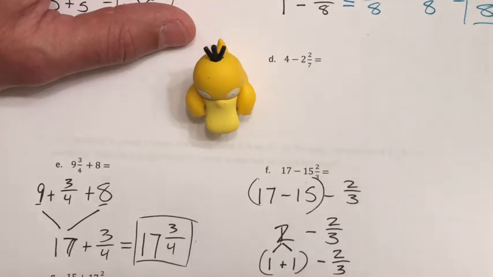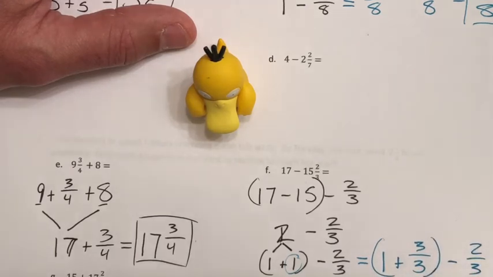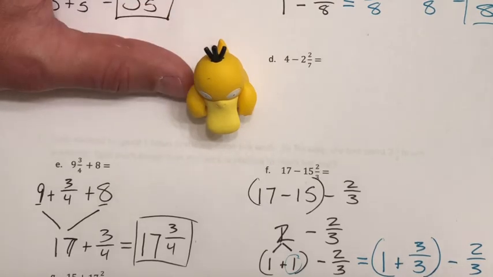I'm going to say 1 plus 3/3, that's what this one is going to change into, minus 2/3. From here, it's a little bit easier. I'm going to rewrite it: 1, 3/3 minus 2/3.